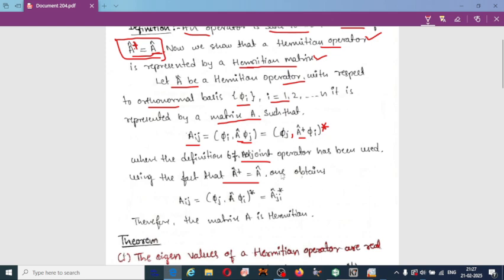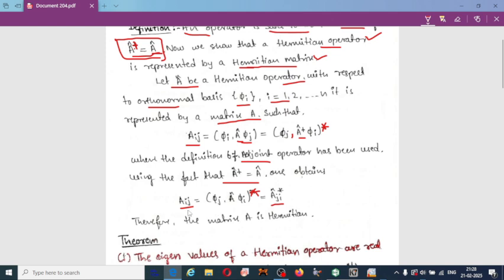Then the definition goes like this: A ij equals phi i comma A cap phi j, which equals phi j comma A cap phi i conjugate. If we change the vectors phi j comma phi i by operating the Hermitian operator, then we can write A cap ji conjugate. So a Hermitian operator also involves the transpose and conjugate property.